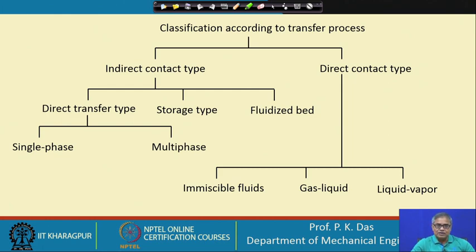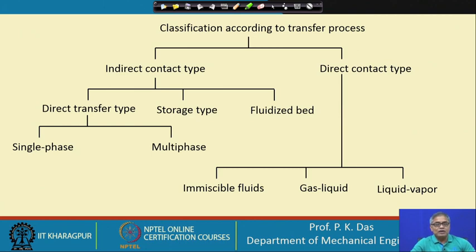It could be two immiscible fluids, let us say two different fluids that are immiscible in the liquid condition, or one vapor and another liquid, which are also immiscible. Many of the organic vapors in chemical industries are condensed by direct contact with water. These are examples of immiscible fluid contact creating a direct contact type heat exchanger.